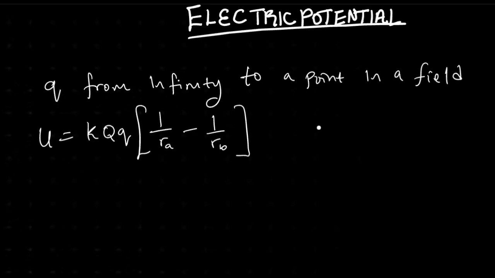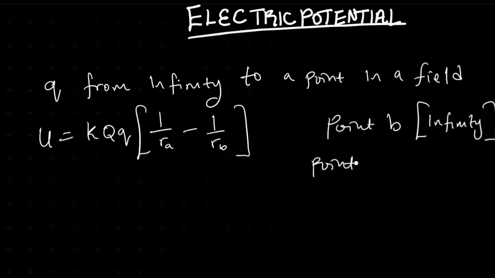Let's say point B is a place of infinity. Point B is at infinity, while point A is the point in the field. So we can generalize r_A as r, and r_B to be infinity.